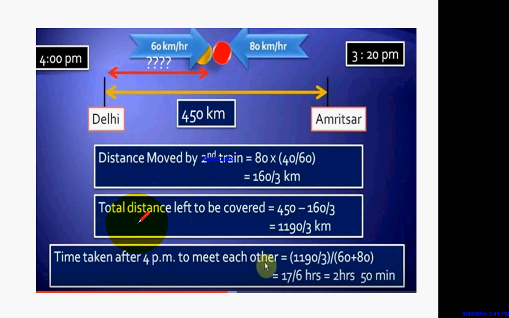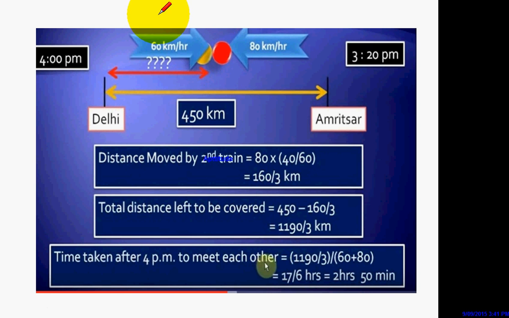I think in this diagram it is very clear. All the situations mentioned in the problem have been depicted here. The distance between Delhi and Amritsar is 450 km. Is that clear? See the yellow circle and the red circle. The yellow one is the first train, which starts from Delhi, and the red circle indicates the second train, which starts from Amritsar.